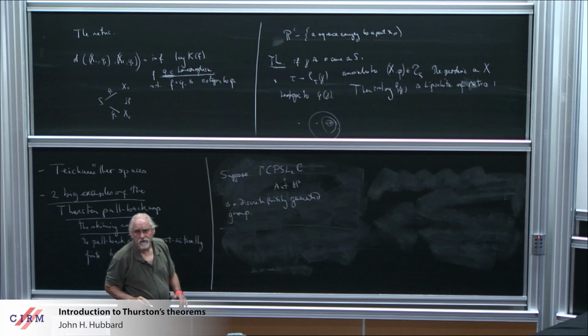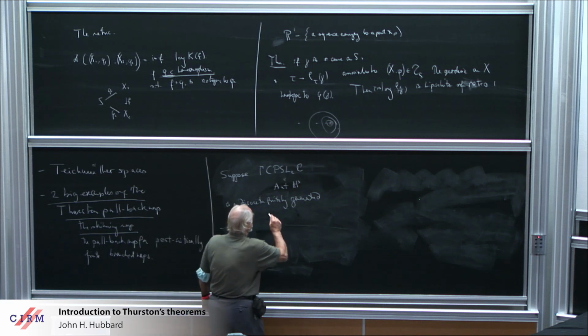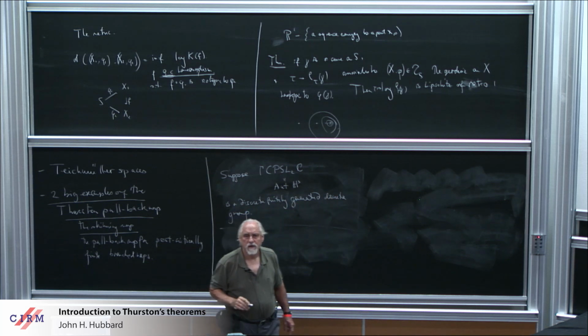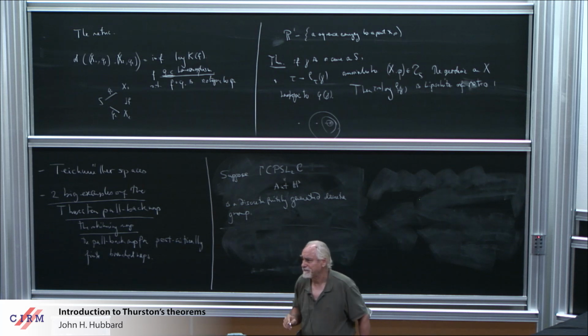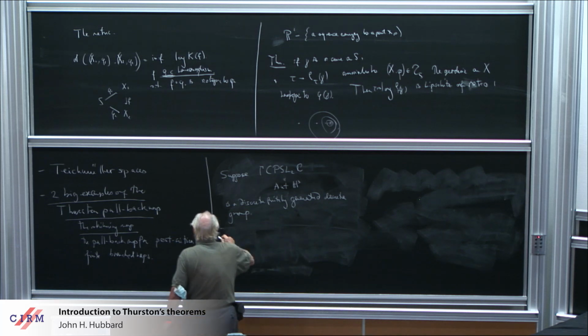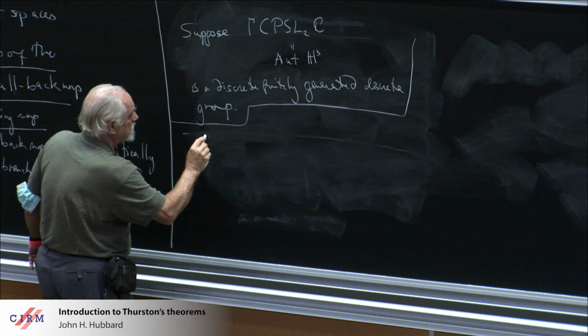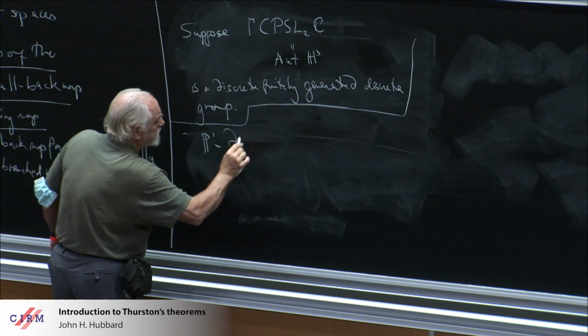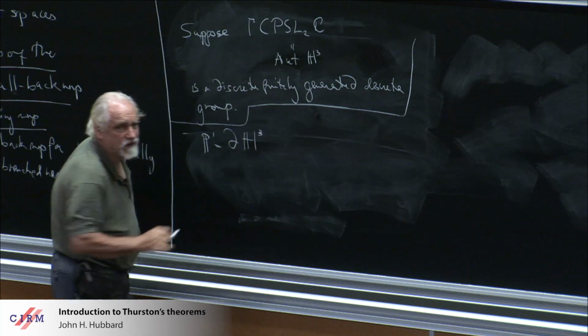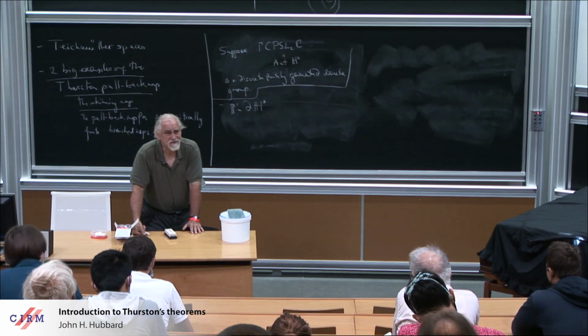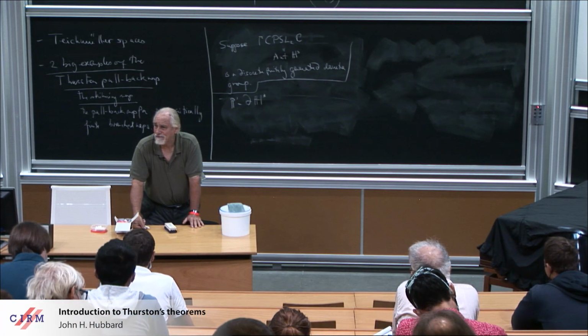Suppose gamma in PSL2C is a finitely generated discrete group. That's called a Kleinian group. It is then a great theorem of Ahlfors. Oh, then it is true that P1, which I will write of as the boundary of H3. Of course, H3 is a complete metric space, so it doesn't really quite have a boundary.